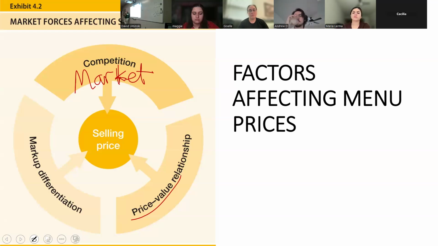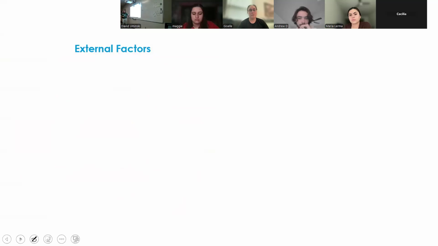If we change our recipe to maybe more cost-effective ingredients and the quality of our product decreases, people may not want to pay that higher price because they don't see the quality and the price value relationship. So we have no control over that. And then the markup differentiation we'll talk about here in just a second.